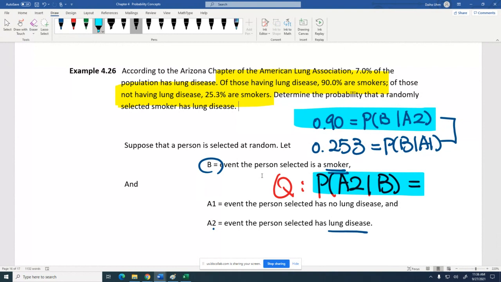This one. Of whom? Who is given? B is given. What is the group of B? Smokers. Okay? When I compare, who has the lung disease? Who are smoking?